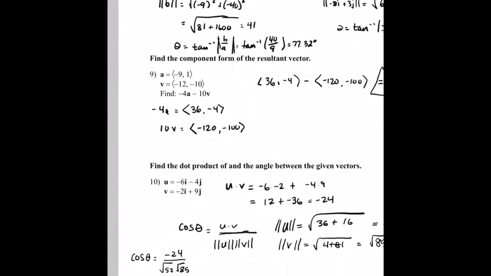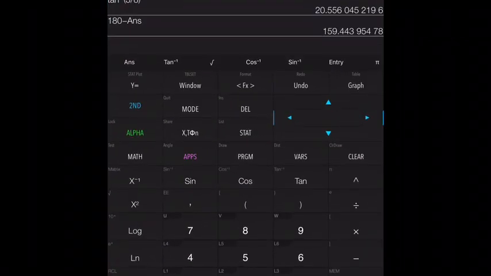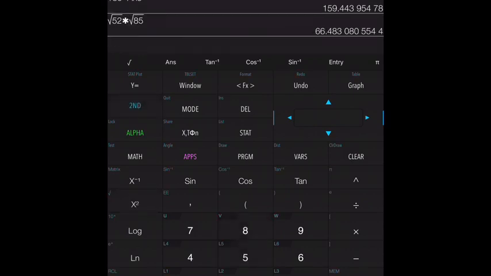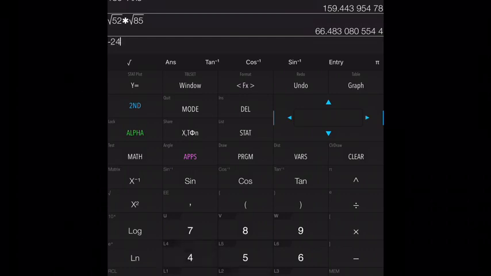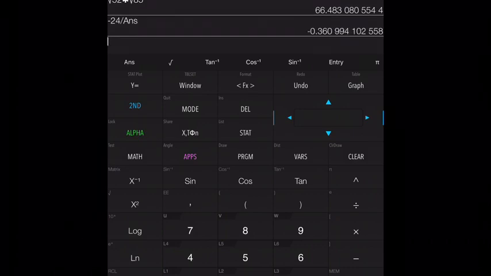So we got to turn this into a number on a calculator and then take the inverse cosine of it. So I'm going to do the square root of 52 multiplied by the square root of 85. And then negative 24 needs to be divided by that value. And then we need to take the inverse cosine of that value.